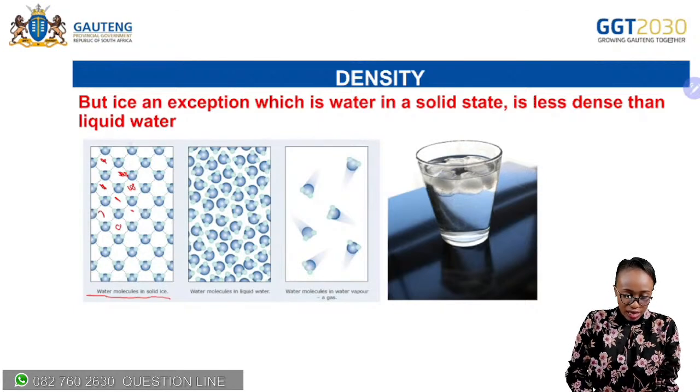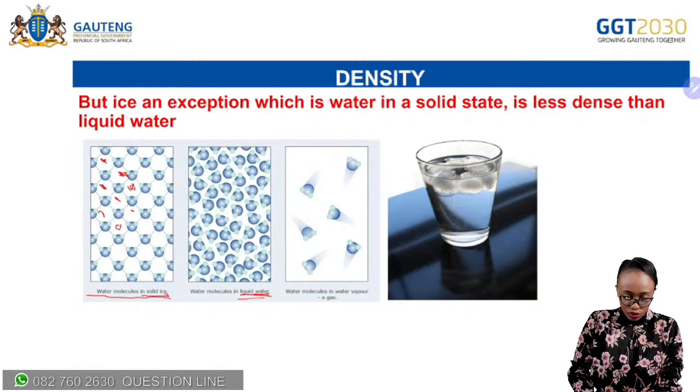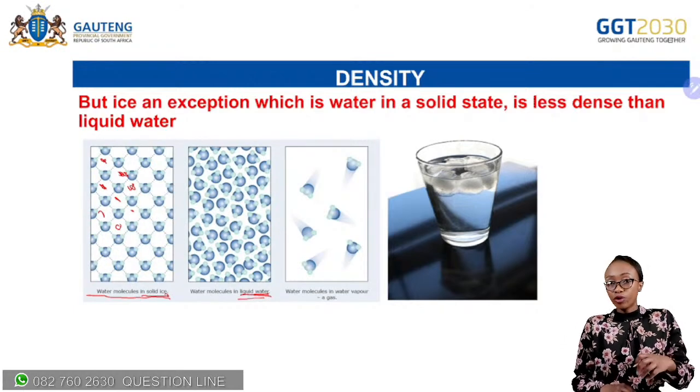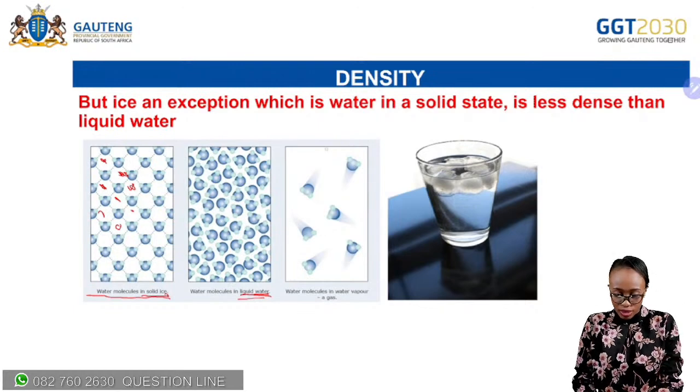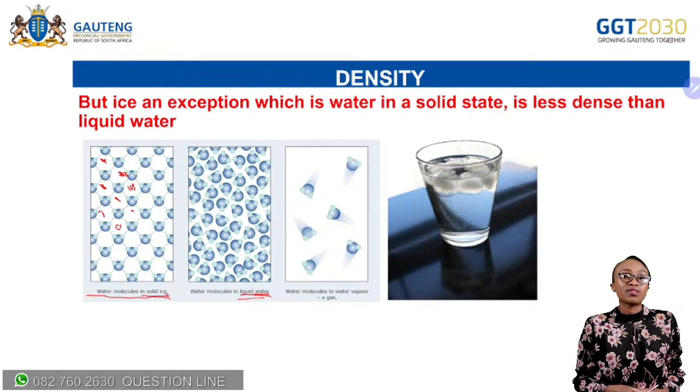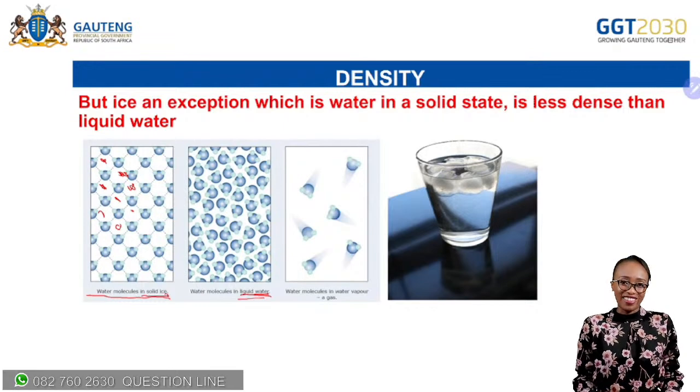If you compare the solid ice and the liquid water, you see the spaces in the ice are actually bigger than the spaces in the liquid water. So that is why you're going to have your ice floating on top of the water, and the water vapor has much bigger spaces and it floats in the air.